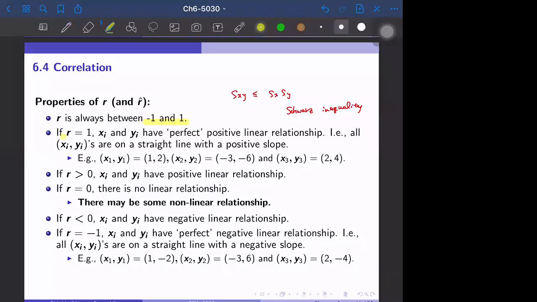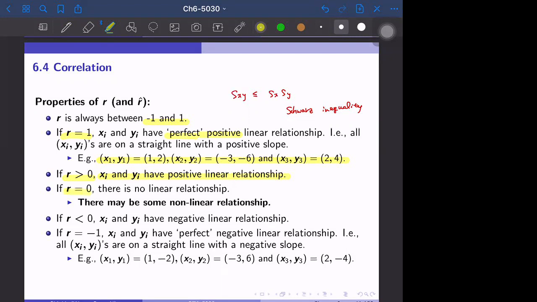R is equal to 1 if xi and yi have a perfect positive linear relationship. That is, all points are on a straight line with a positive slope. R is positive if xi and yi have a positive linear relationship. That means when xi increases, yi tends to increase, not always, but tends to.